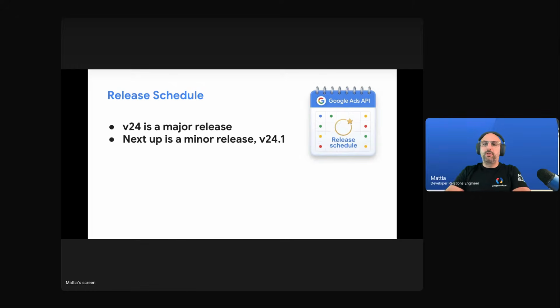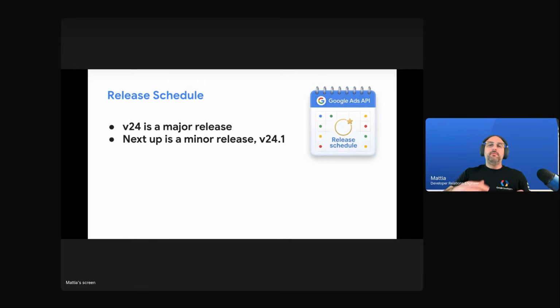So v24 is a major release, which means that it has a bunch of new features, and that when you upgrade, let's say you upgrade to v24 in June, you will also get what is going to be included in v24.1, which is due next month, but you will get the v24.2 features that will come out in June, basically for free.